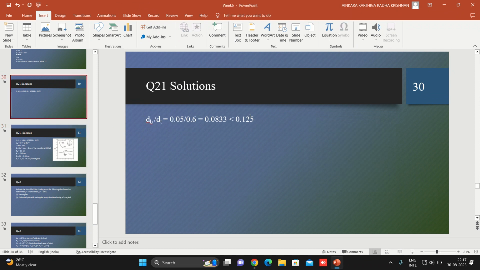If this criterion is fulfilled, we can find the bubble rise velocity. The bubble rise velocity UBR is given by this formula, where it is 0.7 times the square root of g dB. We need to use the formula in centimeters, so g is 9.81 meter per second squared, which is 981, into dB, which is again 5 centimeter, to the power of 0.5.